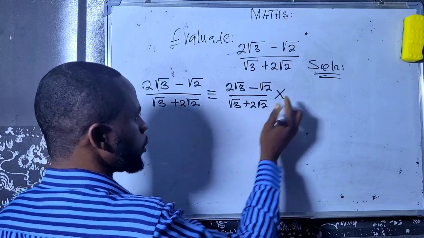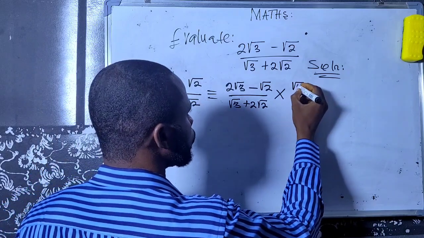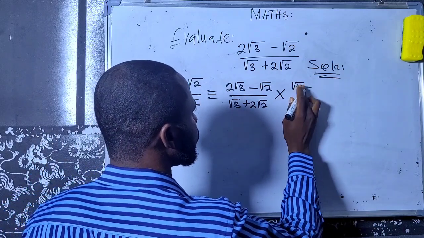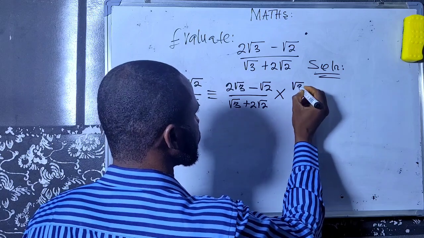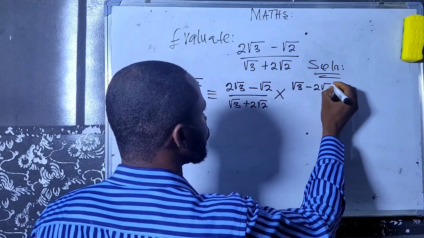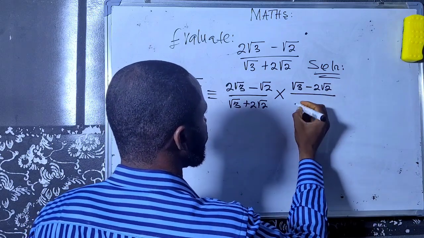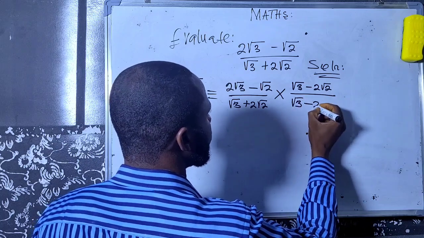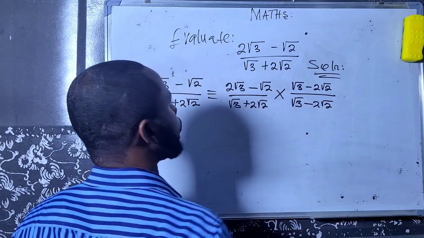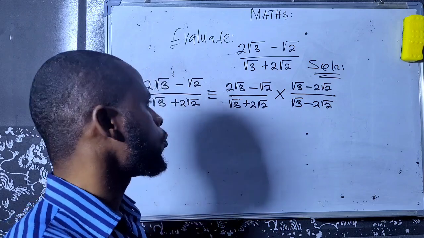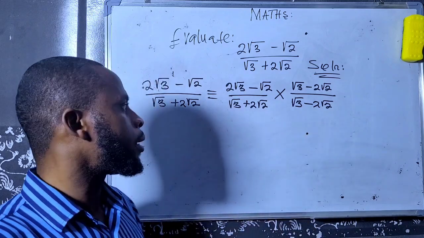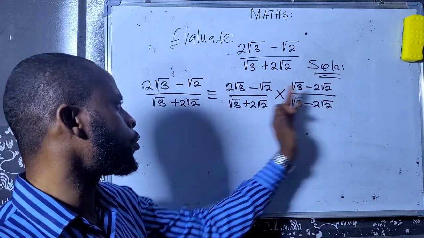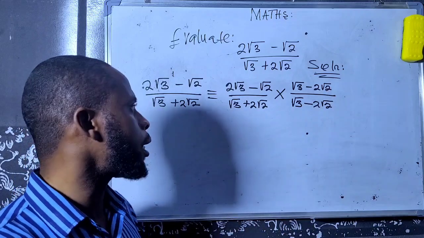The conjugate of this is root 3 minus 2 root 2 divided by root 3 minus 2 root 2. But it's just simple. Now, the next step is for us to multiply it out.